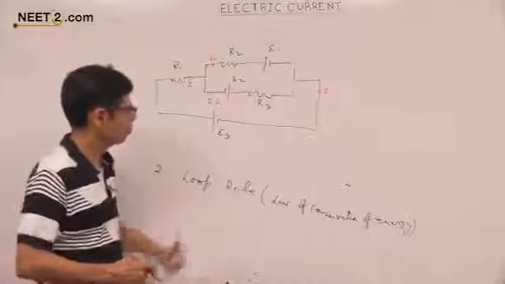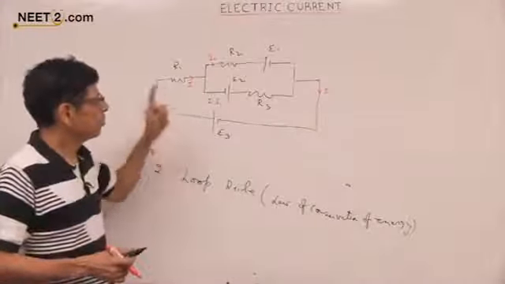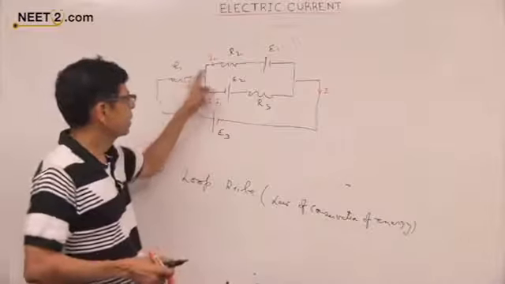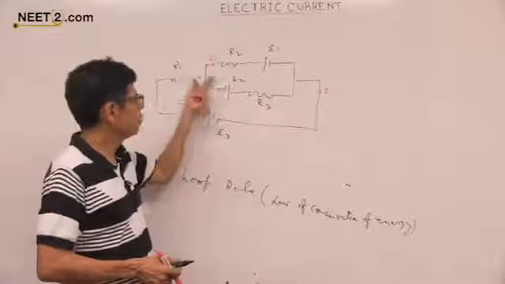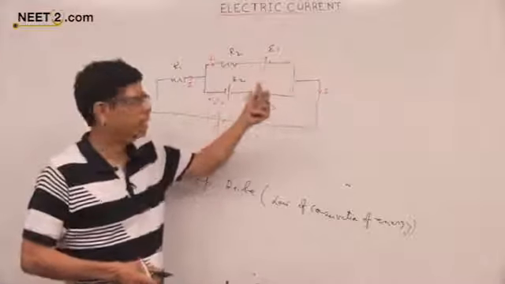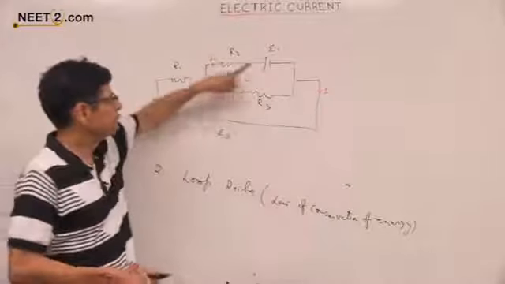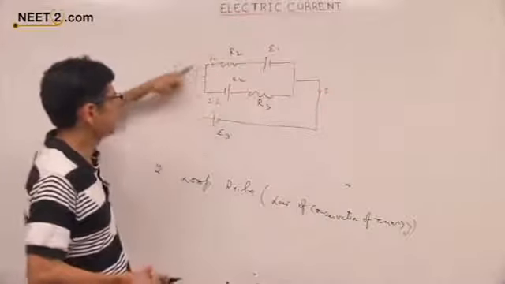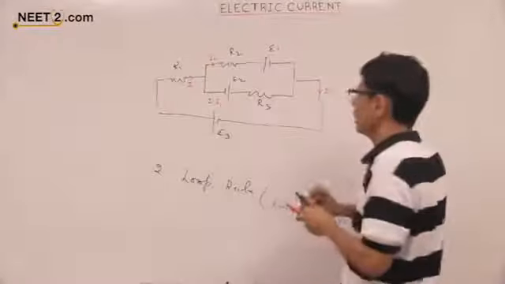Okay, so what is the loop rule? Say it again. It says the algebraic sum of potential differences across various elements in a closed loop equals 0. What is an element? Well, in this diagram, you are seeing two types of elements, the cells and the resistors. But to be sure, there can be other elements.